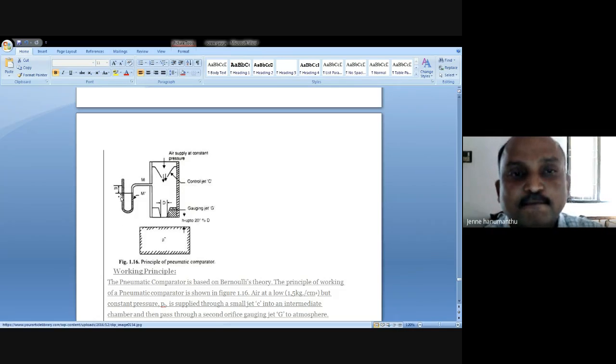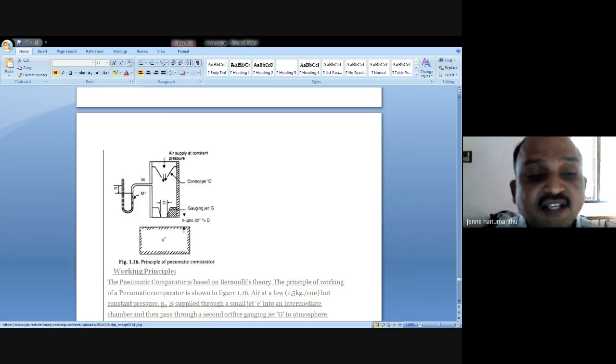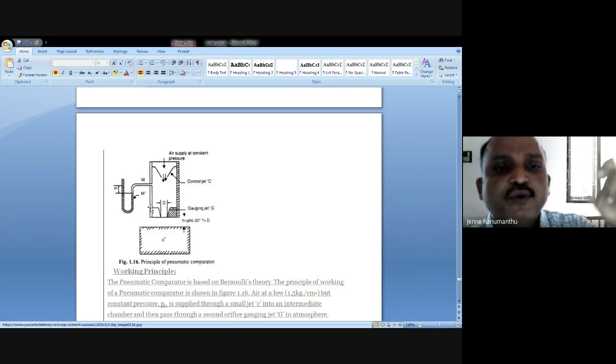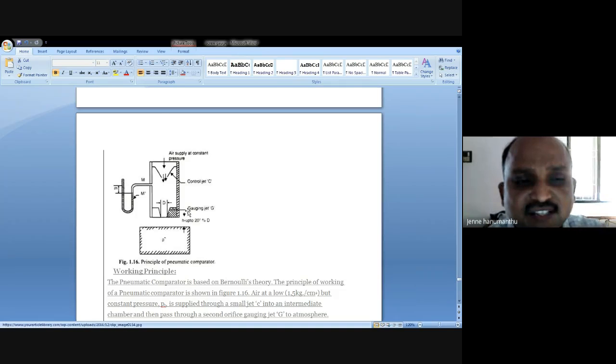How much deviation in the pressure will occur is proportional to the irregularities present on the surface. So if the surface is smooth, you can observe a constant pressure on the manometer. If the surface is not smooth, you can observe a difference in the pressure value. Because of pressure the dimensions are compared, so it is named pneumatic comparison.